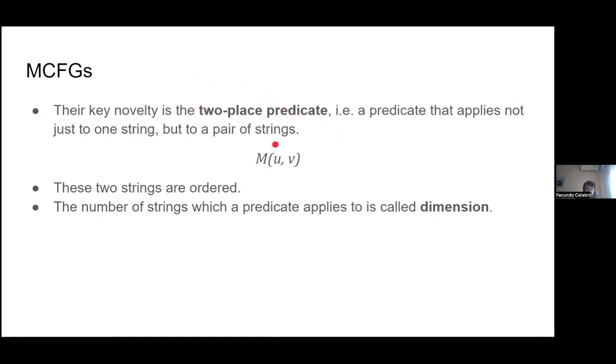Of course, when we say strings, it doesn't actually matter if there are one or more words, as long as they form a unique phonetic compound that can't be split. So a pair of strings means that there are two strings that may have one or more strings between them. CFGs have rules with only one dimension.